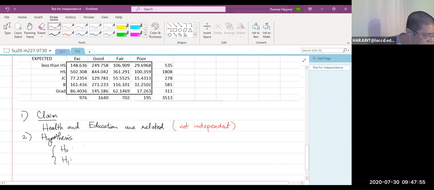I would just use my notation. The null hypothesis: health is independent from education. The alternate hypothesis: health is not independent from education level.